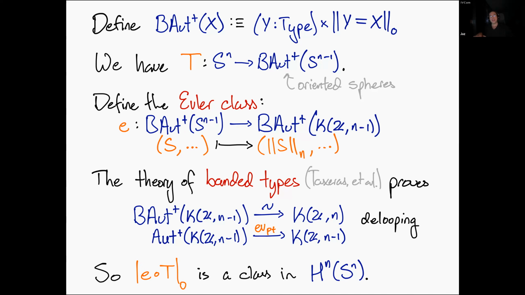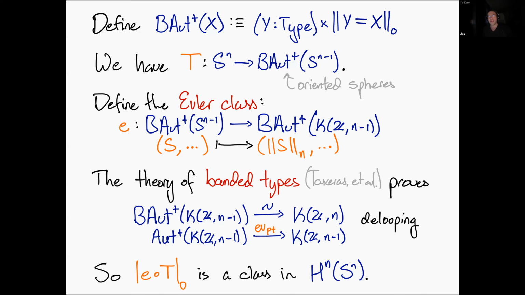And this map is really simple because the n truncation of S^(n minus 1) is our chosen representative of K(Z, n minus 1), which is a property of the type that uniquely determines it, right? So our function here is just going to be the function that takes an oriented sphere and n truncates it. And I've called this the Euler class because it is the universal Euler class.